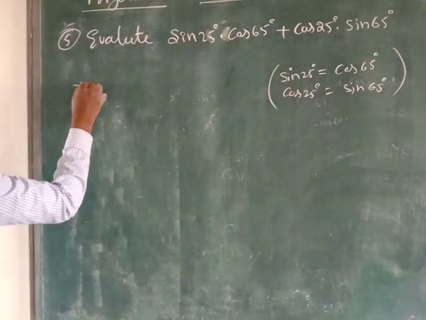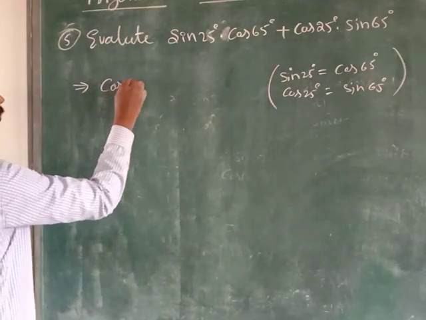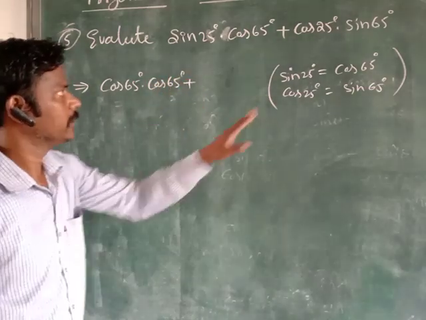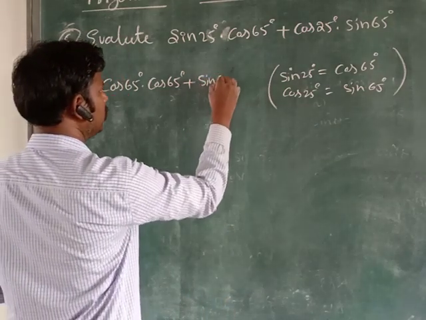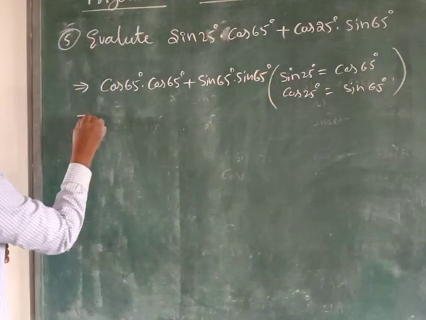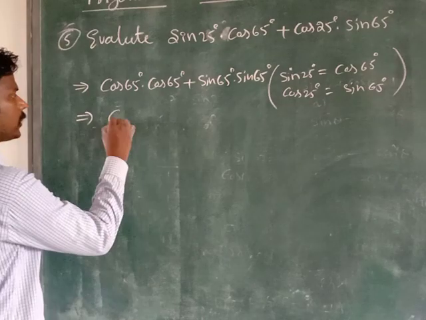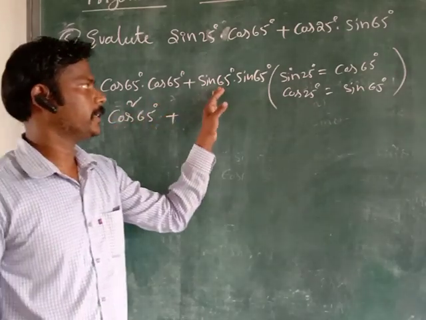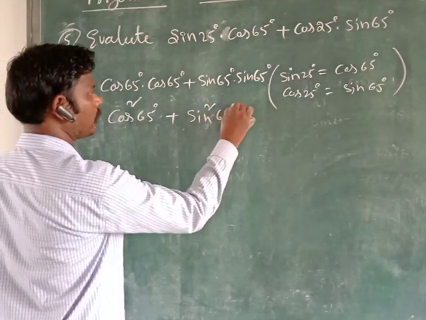So in the place of sin 25, I can substitute cos 65. Cos 65 into cos 65 plus cos 25, how to write? Sin 65. So sin 65 into sin 65. Cos 65 into cos 65 is cos square 65, plus sin 65 into sin 65, how to write? Sin square 65.